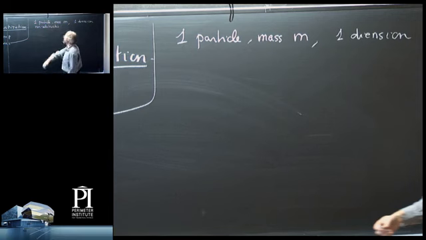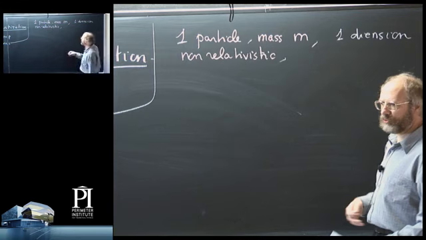The only force it can feel is a force which derives from a potential. So there is an external potential. To describe the state of your particle, Q is the position of the particle. The position is somewhere here, and it feels a potential V of Q.